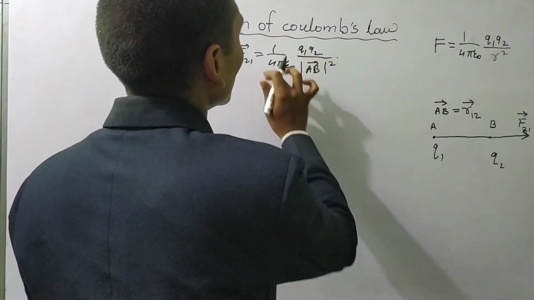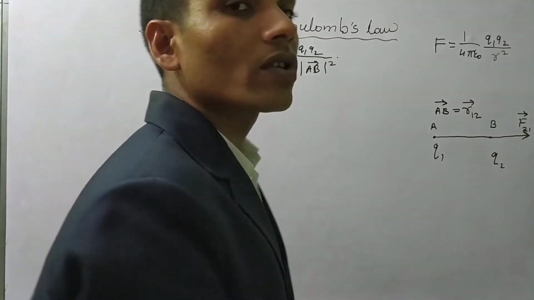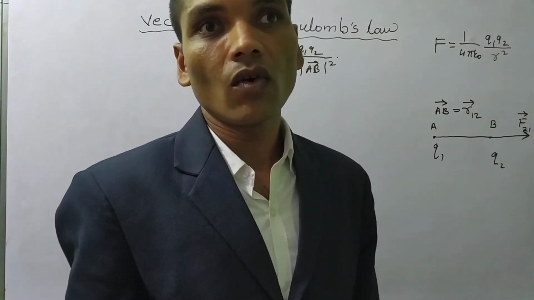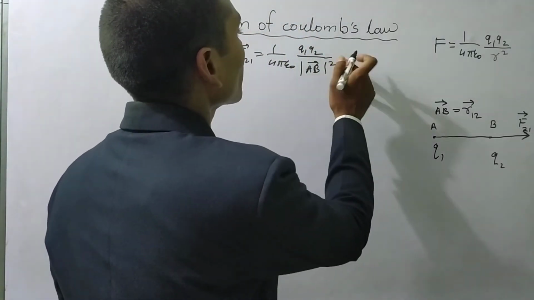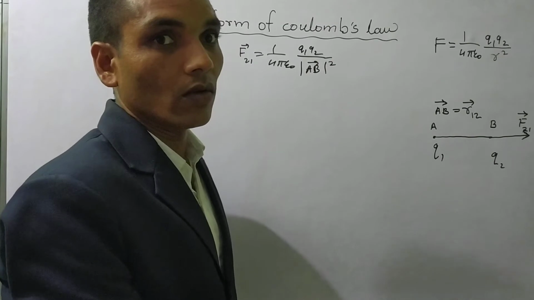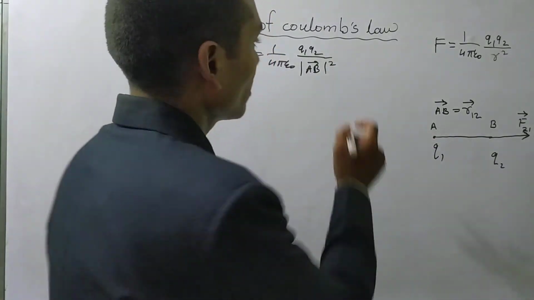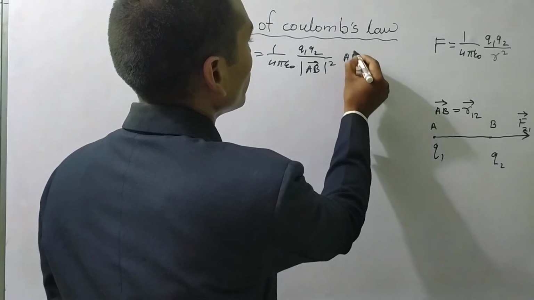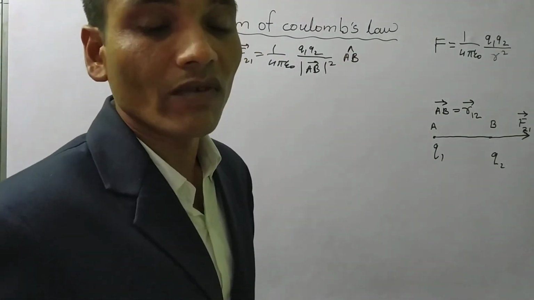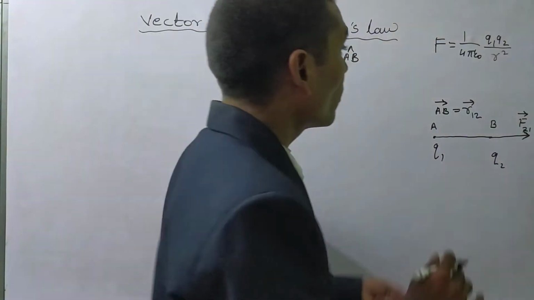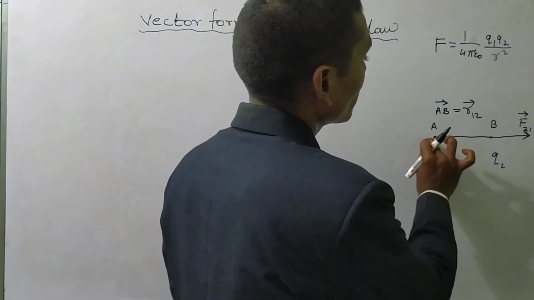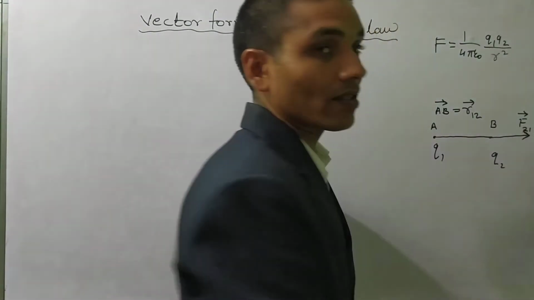Now this is a scalar quantity, but the force is a vector quantity, so we have to put here the unit vector. What will be the unit vector? The unit vector will be unit vector AB. Why will the unit vector be AB? Because the force is measured from point A along this direction.